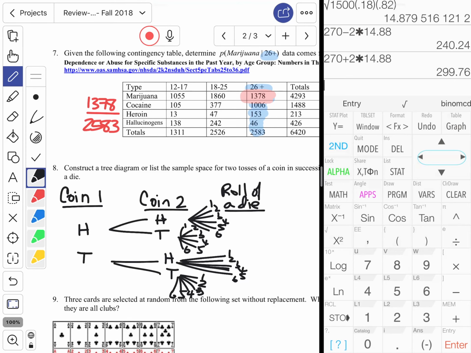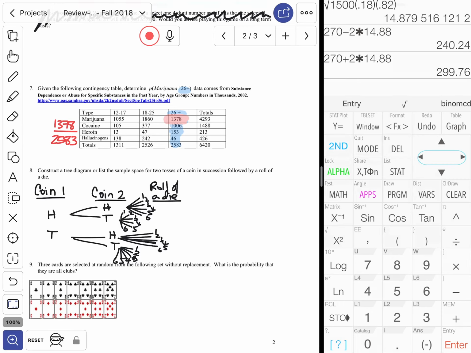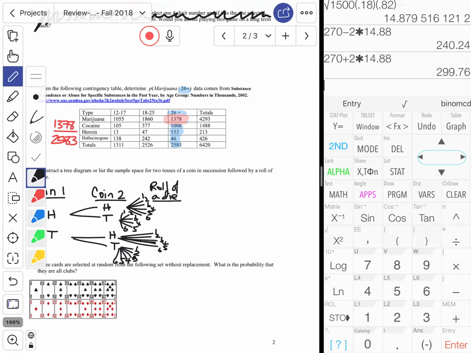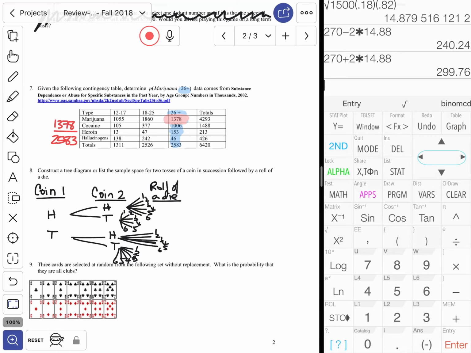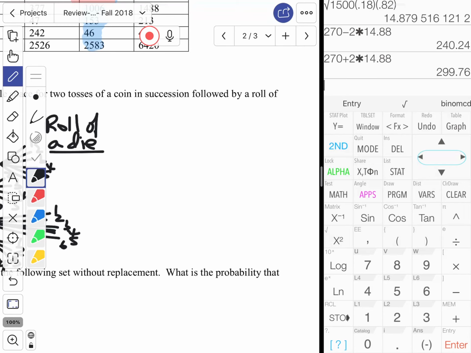Yeah, they get very ugly very quickly, and so you just kind of do the best you can. Right? That's why I tend to want to go with the sample space, because then it's just a matter of listing out all the possible ways in which you can come up with the different outcomes, and that's really the end of it. All right, so in this case, it's heads, heads, so sample space, heads, heads, 1, then heads, heads, 2, 3, 4, 5, and 6.